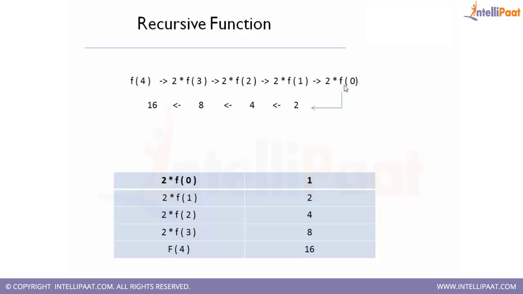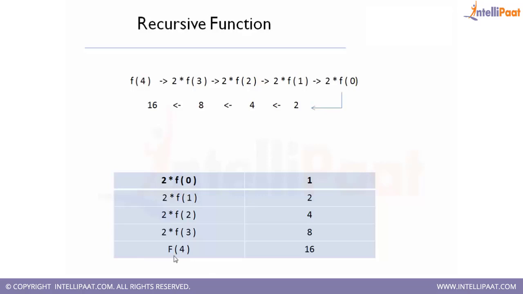So from this, f of 1 will return 2. Then we'll be multiplying 2 with 2 and getting 4. We'll be multiplying 4 with 2 and getting 8. We'll be multiplying 8 with 2 and getting 16. So this is how we are building our solution.